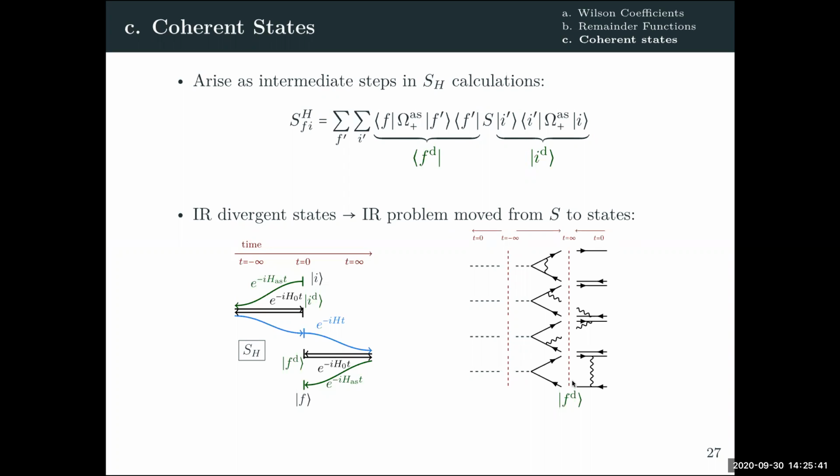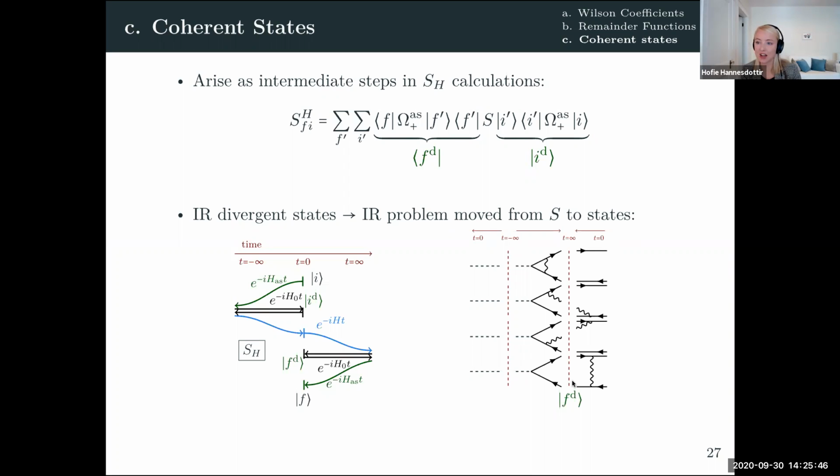Are you requiring that they're infrared finite? Yeah. So this was actually one of the original reasons why we started looking into this. It was to also cancel, like, what's the construction for also canceling collinear divergences? And these divergences are either 1 over epsilons if you take the electron to be massless, or they look like log of the electron mass over the hard scale in your problem if the electron has a mass.